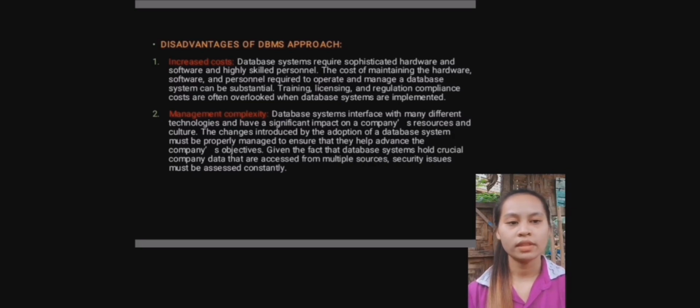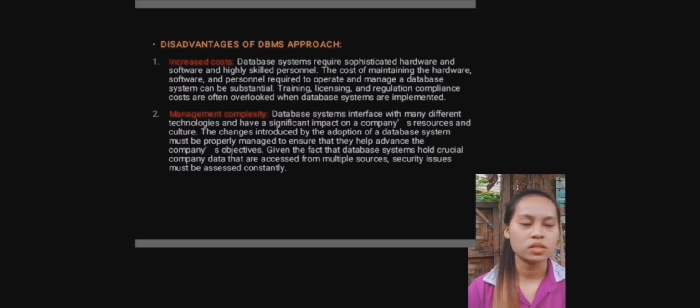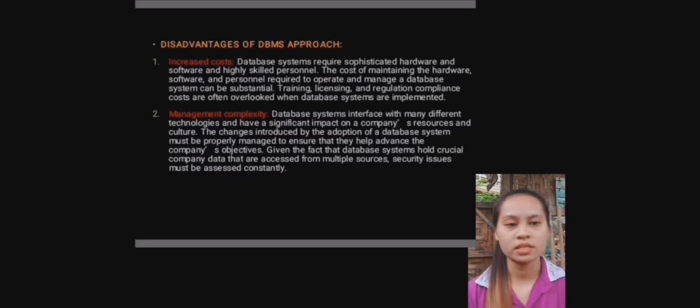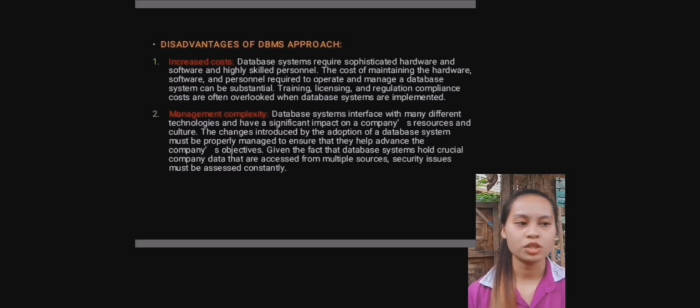So this is the first disadvantage of DBMS, which is increased cost. This is because for DBMS, it is mandatory to have a high-speed processor and also a large memory size. Nowadays there is a large amount of data in every field, which needs to be stored safely and with security.